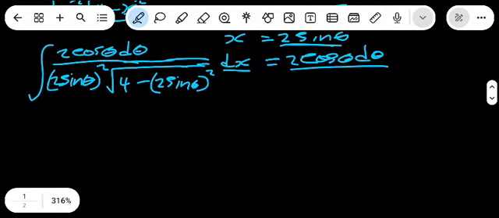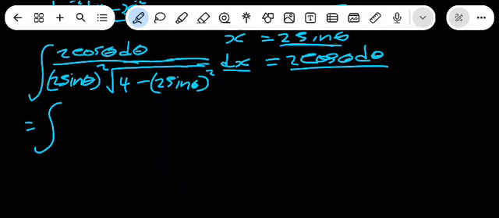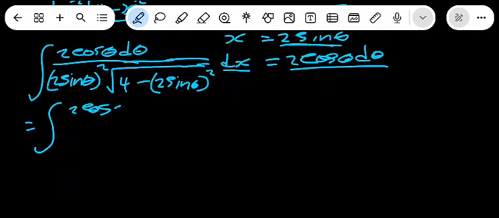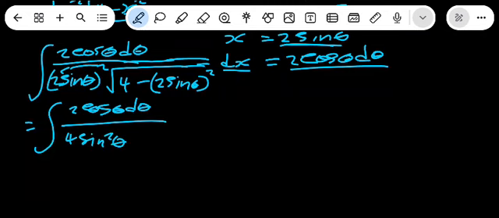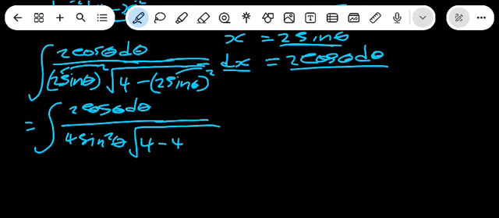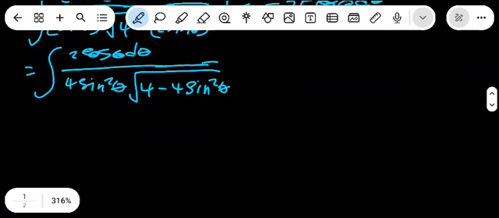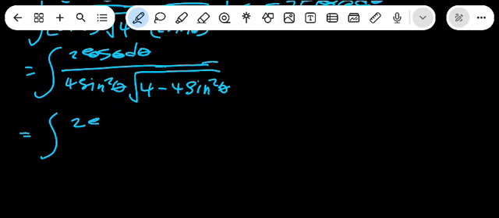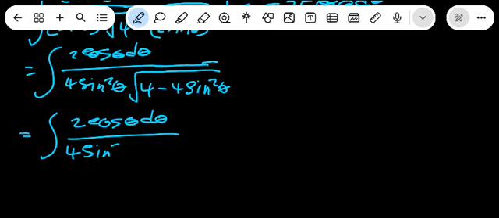Alright, so we have the integral of 2 cos theta d theta all over 4 sine squared theta into the square root of 4 minus 4 sine squared theta. This is what we have.